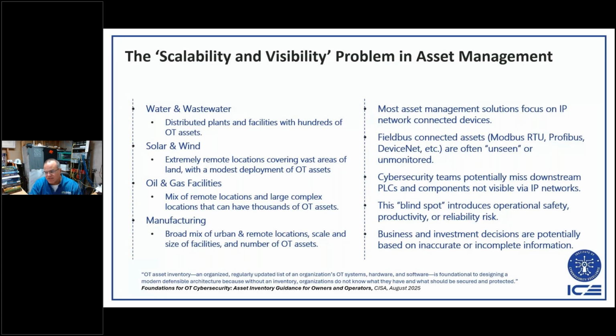And manufacturing could have a broad mix, right? So we talk about water and wastewater, solar and wind, oil and gas, and then manufacturing, dependent on what the organization is manufacturing. These can be all over the gamut.